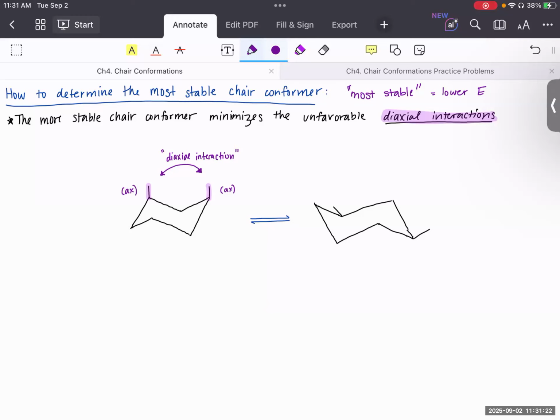We actually also get diaxial interactions between those 2 methyl groups and this hydrogen right here that's on this carbon. That diaxial interaction is not as bad as 2 methyl groups, since a hydrogen is smaller than a methyl group, but we still do get diaxial interactions between that methyl group and that hydrogen here, and this hydrogen and this methyl group in the top right.